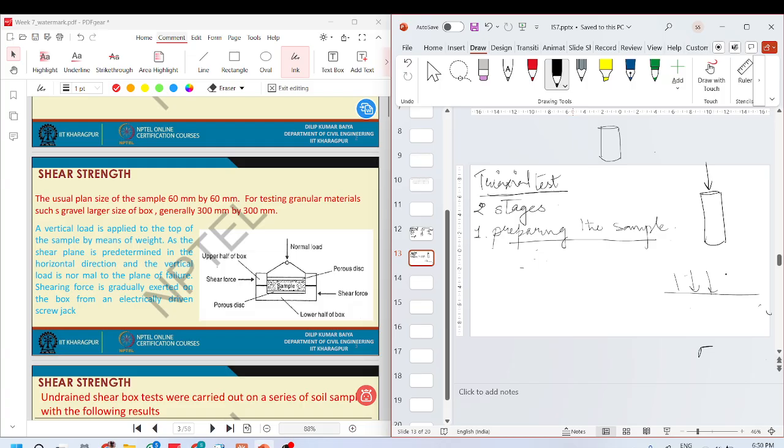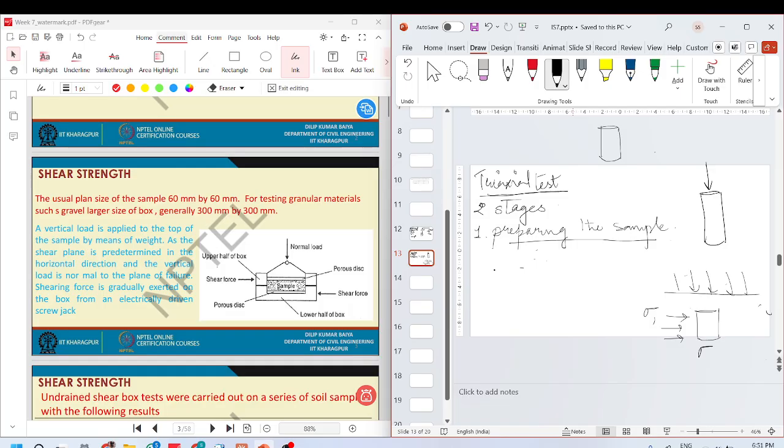I get this soil from the field. Let us say that it had a confining pressure of, let me say, sigma 1. Now I want to test this soil.